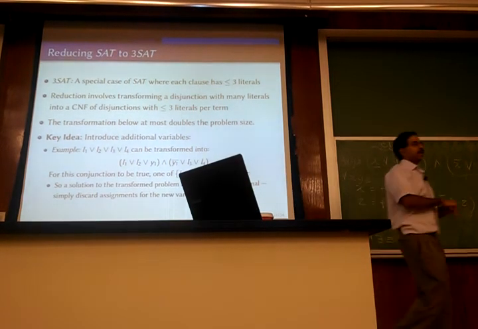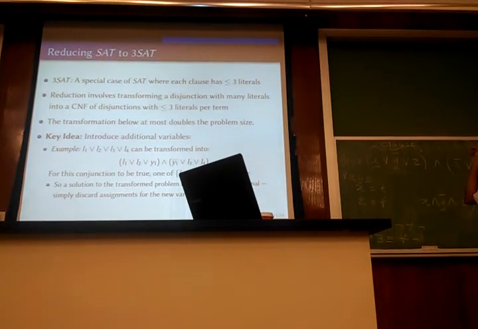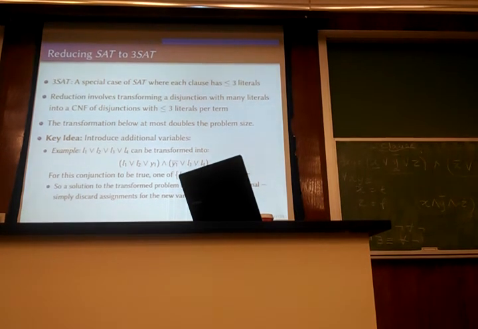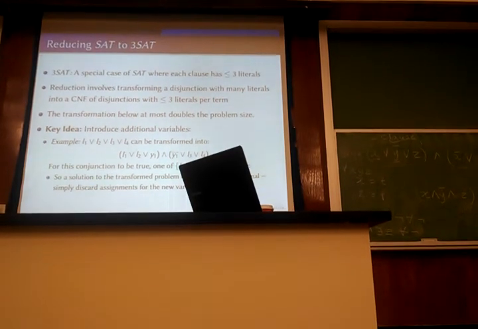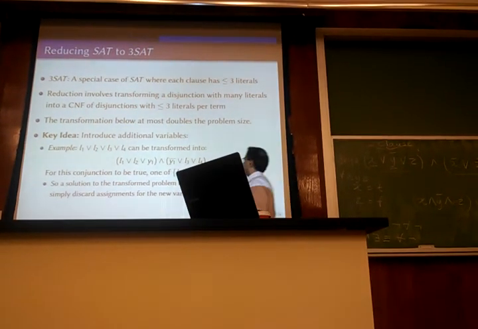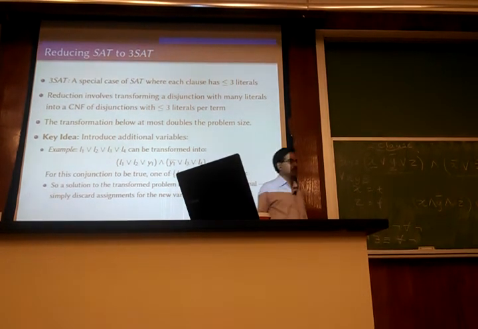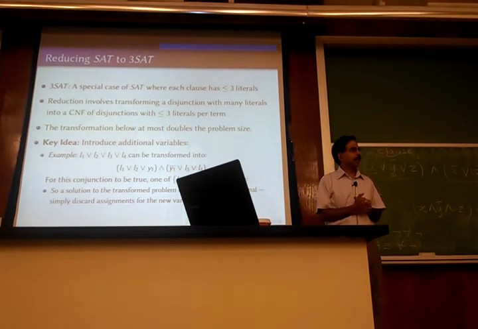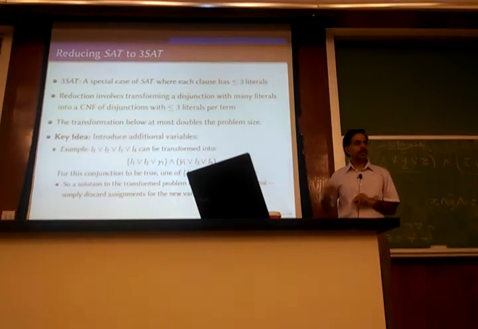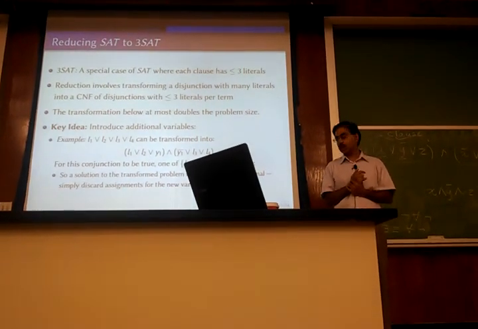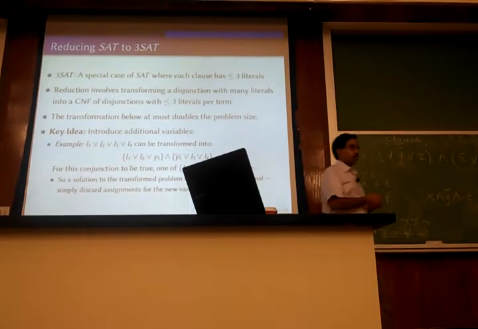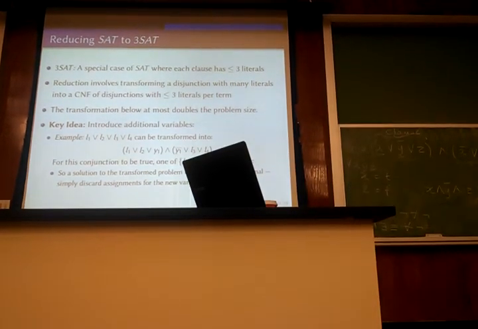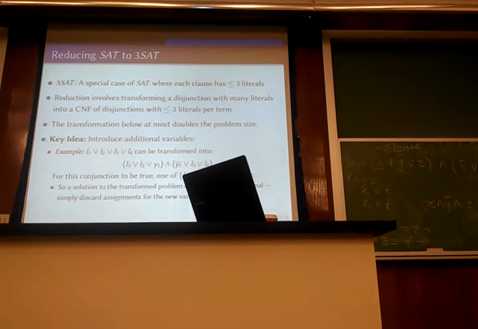So this way we can take any clause that has any number of literals and break them up into clauses that have 3 literals each by simply introducing these intermediate connecting variables like y1 and y2 and so on. Another thing that matters, of course, is that you shouldn't increase the problem by more than a polynomial size.